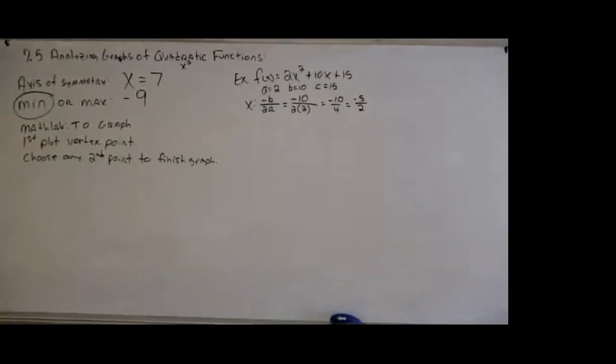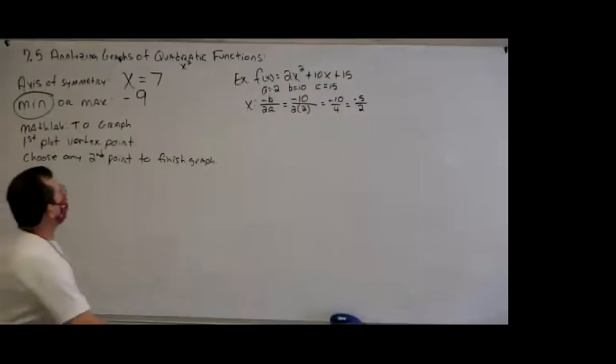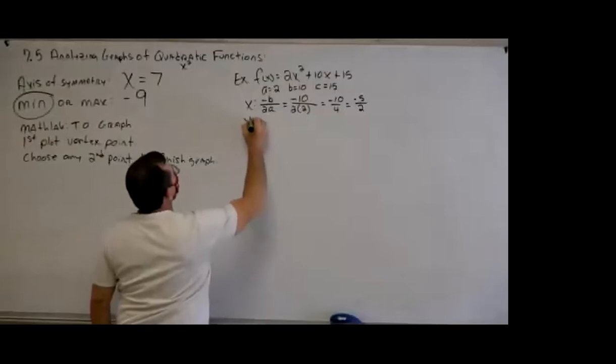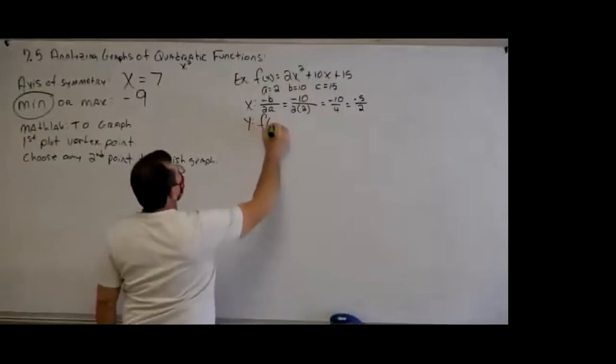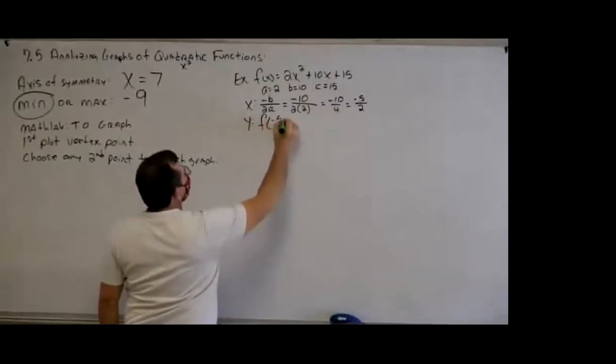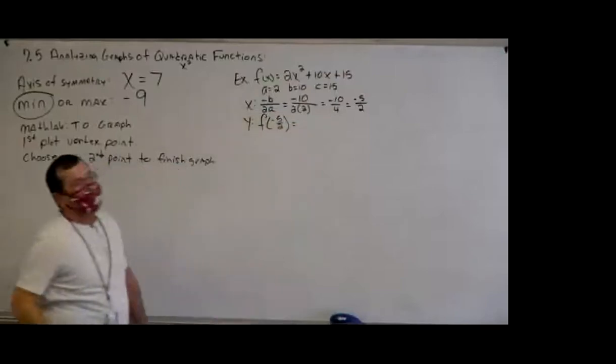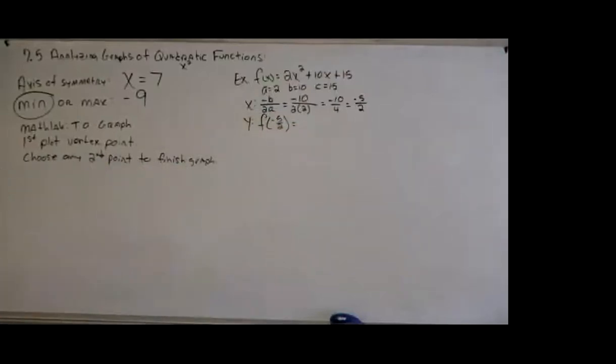So sadly, we got to find the f of that negative 5 halves to get that y value. Which means you got to take that function and put a negative 5 halves in for both of those x's, okay?